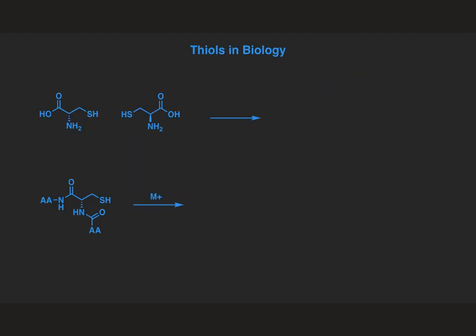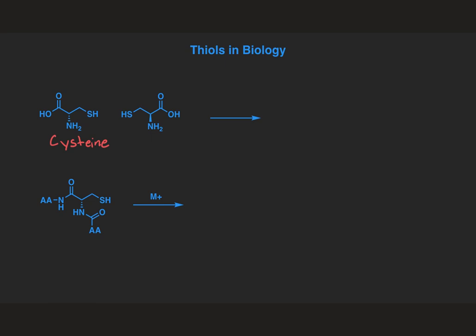Before we talk more about the chemistry of sulfur-containing molecules, I want to take a moment to take a detour and talk about an important thiol in biology, and that is this alpha amino acid, cysteine. Cysteine is one of the alpha amino acids that are incorporated into the structure of proteins.